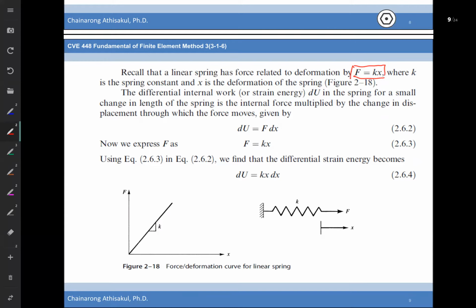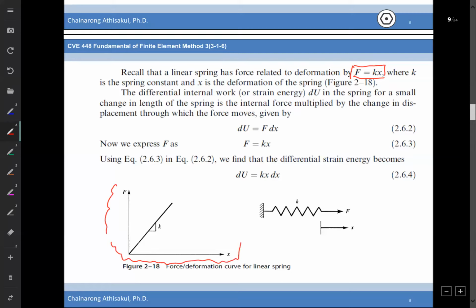So we have the force of the spring, the force related to the deformation of the spring by this equation, F equal to kx. From this, if we plot the graph, we have the relationship like this picture. F equal to kx is the case of a linear spring.